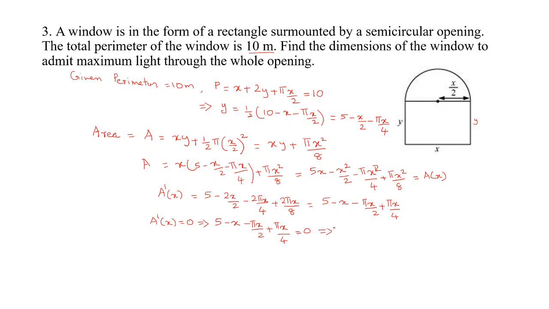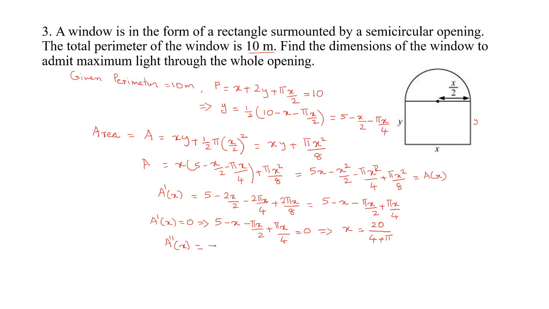So from this the value of x will become x equal to 20 by 4 plus pi. Now you find the second derivative. A double dash of x will be the differentiation of this one.